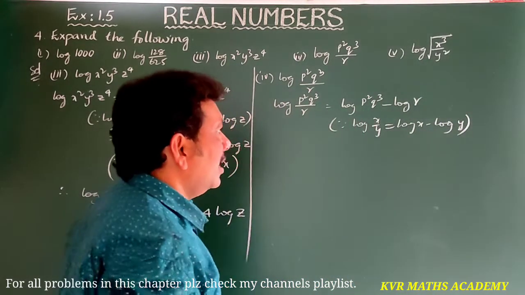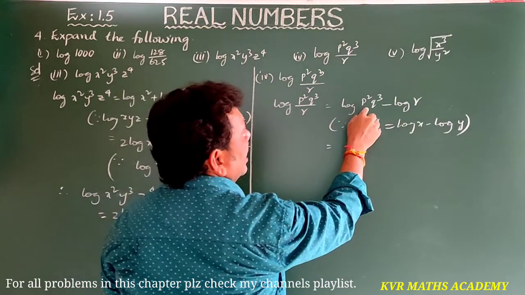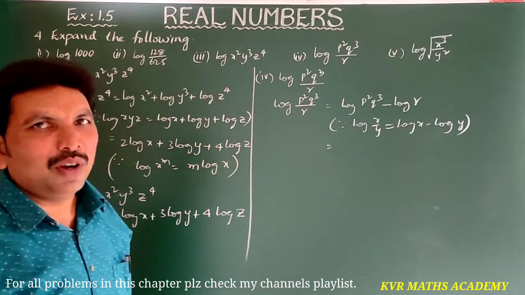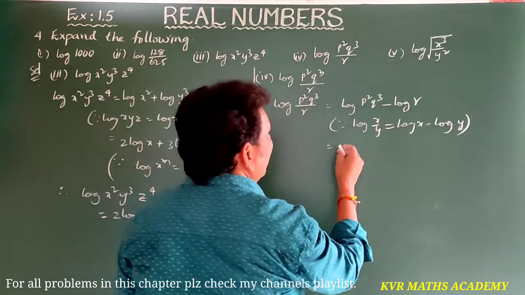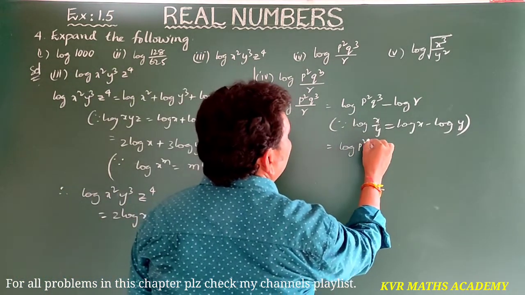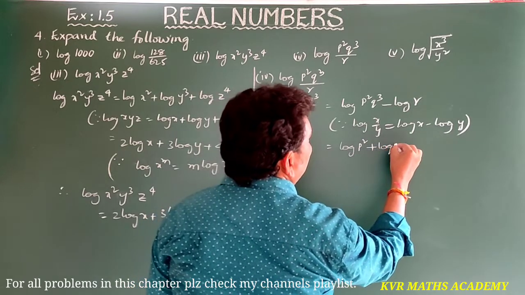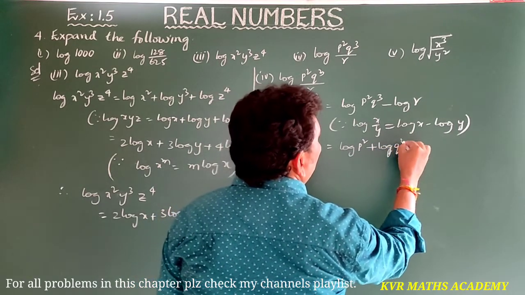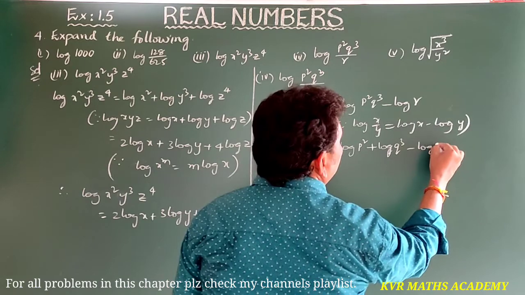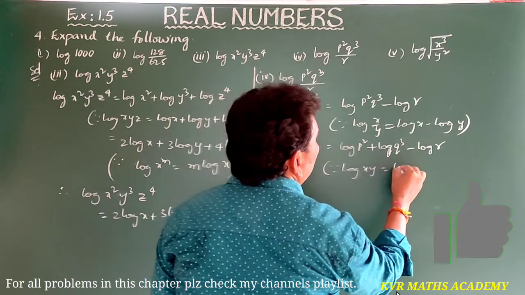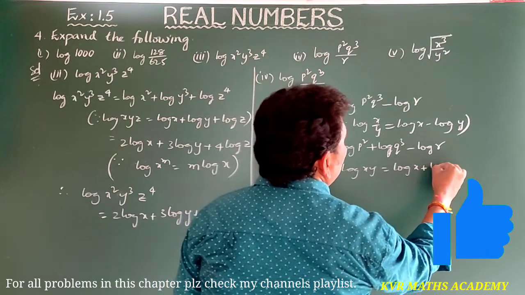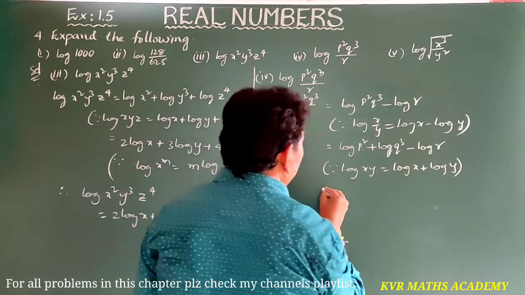Now again, take log x into y, which means log x plus log y. So this can be written as log p square plus log q cube minus log r, since log xy is equal to log x plus log y.